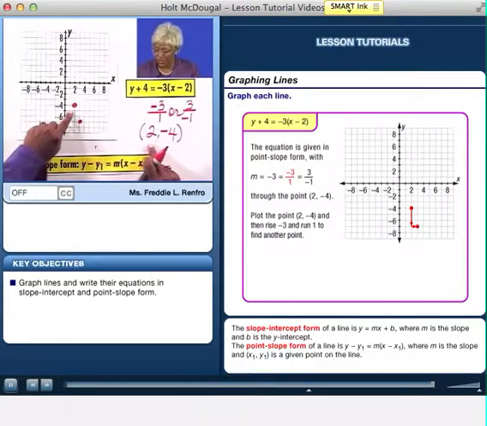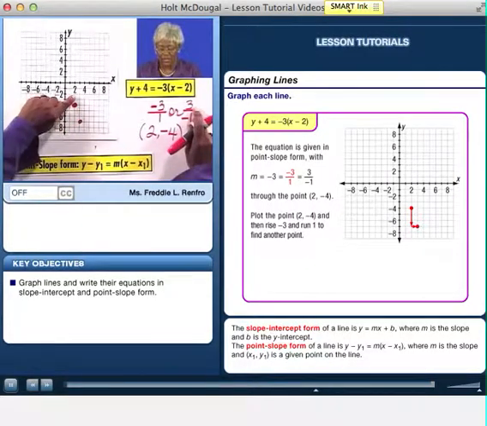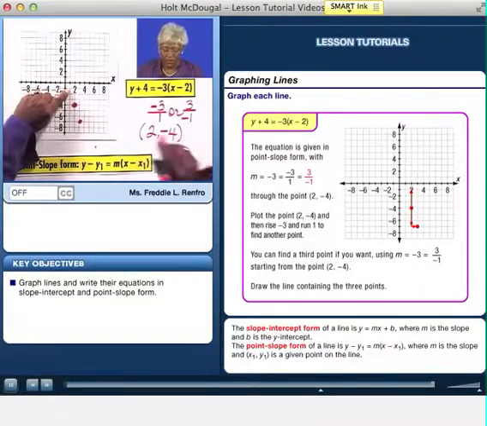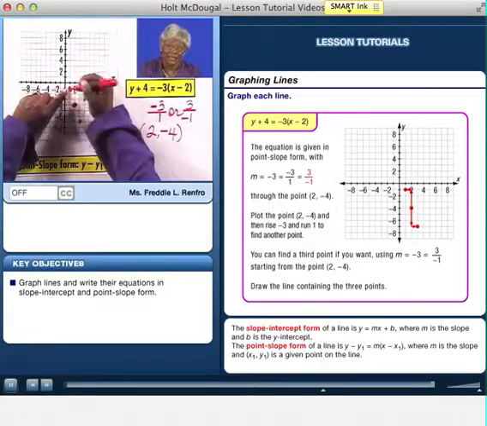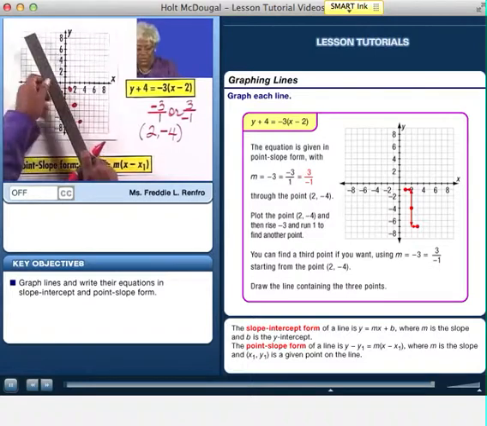Let's do this one. Let's start with 2, -4. Let's use this slope. 2, -4. I'm going to rise 3, 1, 2, 3, and I'm going to run -1. And guess what? Instead of getting 2 points, I got 3 points. And that's okay. It's just a way of checking to see if my points are correct.